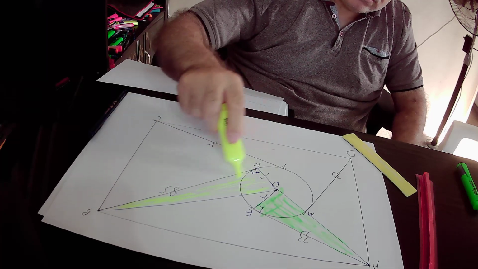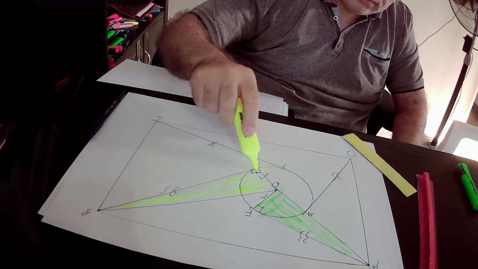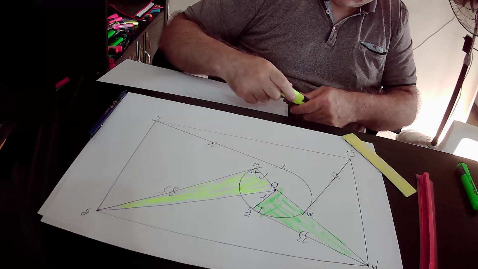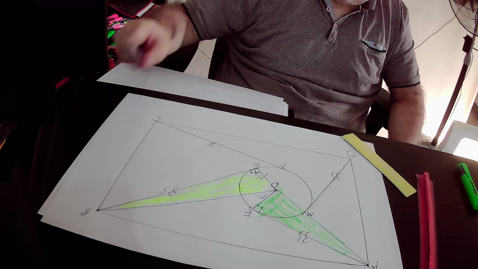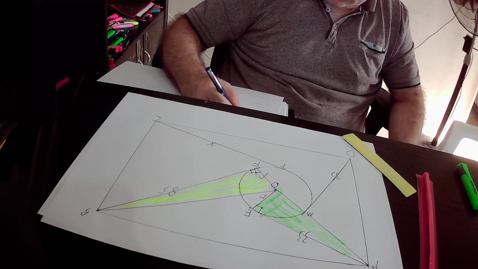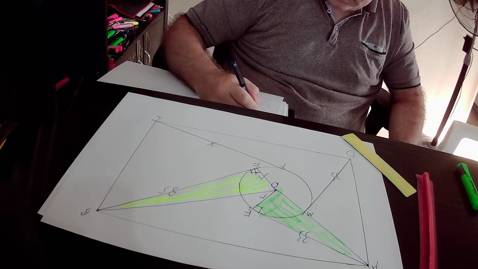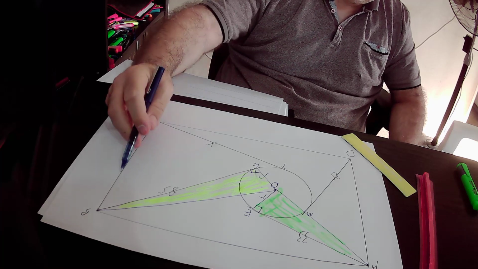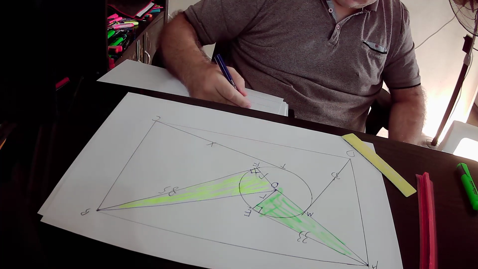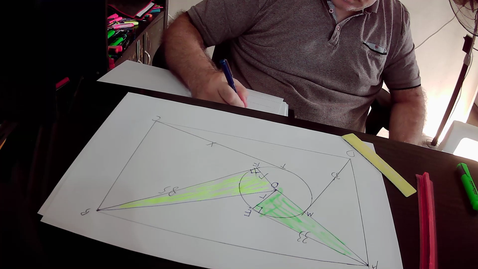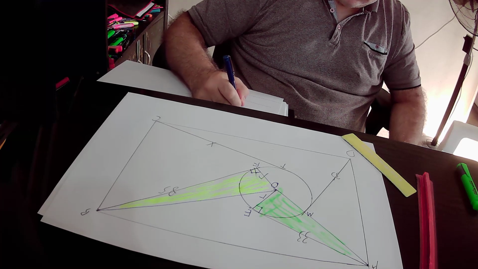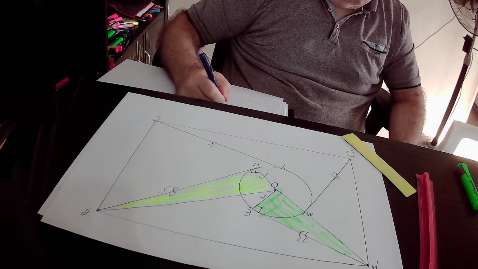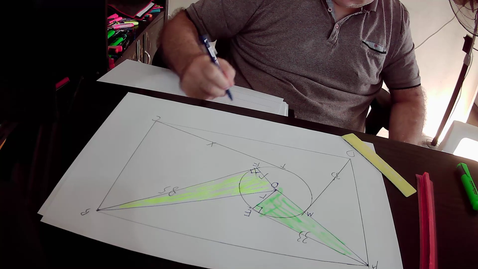In the right yellow triangle, triangle BOF, by PT, we get that BO squared equals OF squared plus FB squared.